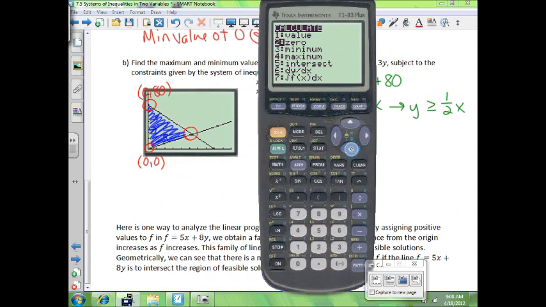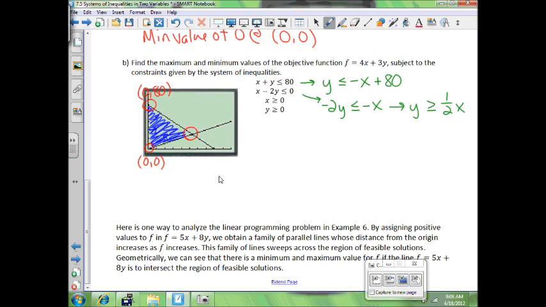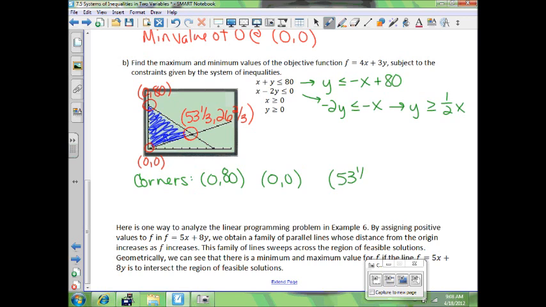So let's find our intersection. 53 1/3 and 26 2/3. So there's our corners. It's 0, 80, 0, 0, and 53 1/3, 26 2/3. So those are our corner points.